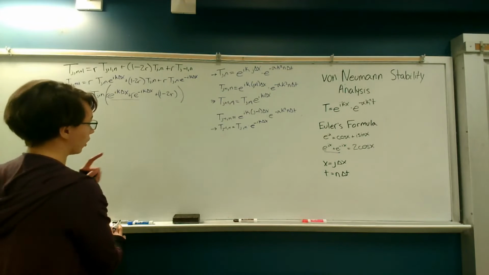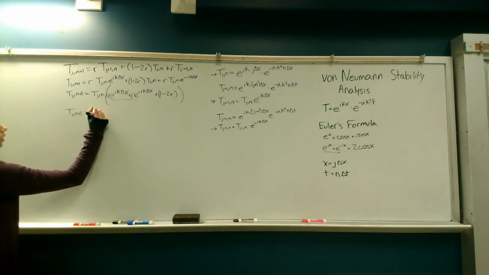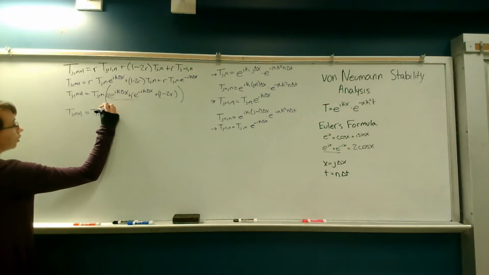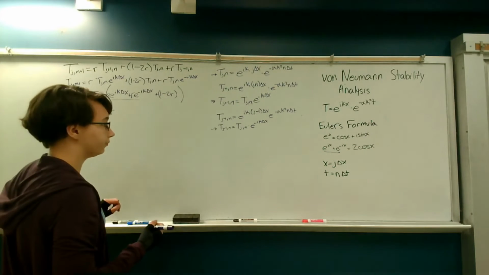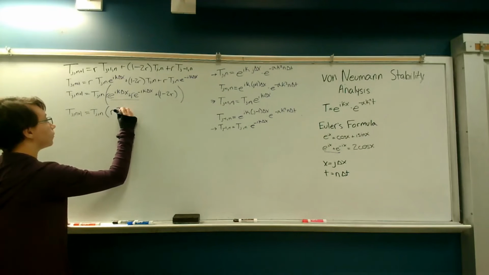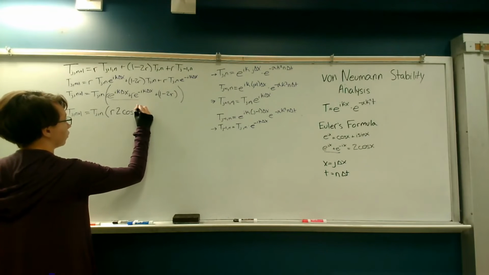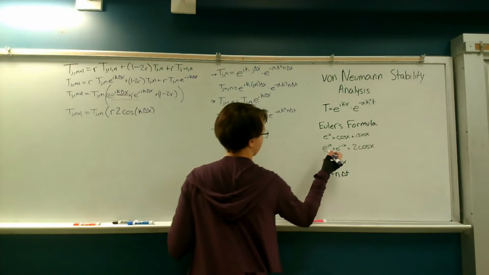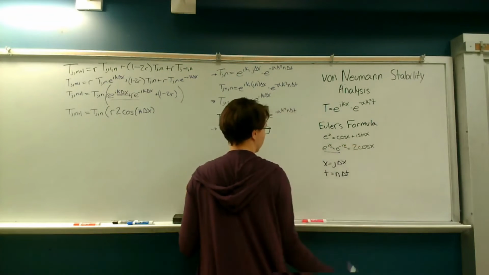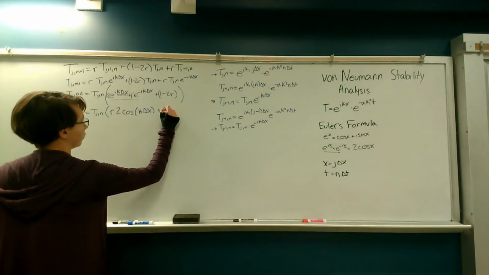So we can use that substitution in here. So we've got T at j at n plus 1 equal to T at j at n times, so then this is r times 2 times cosine of k delta x. Because in this case, this k delta x is the generic x that we've got in this formula here. Alright, so then plus 1 minus 2r.